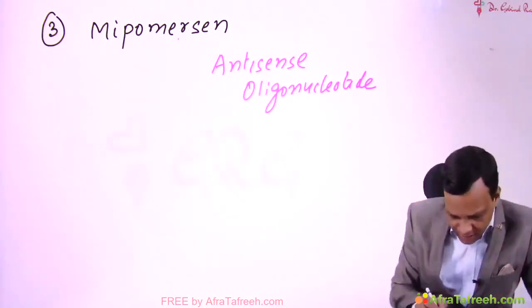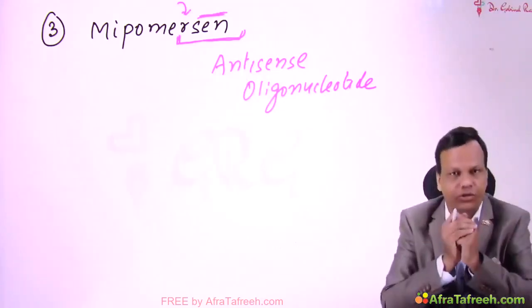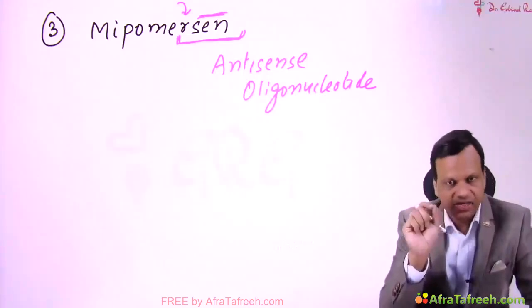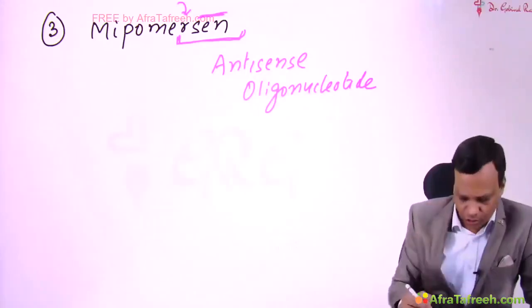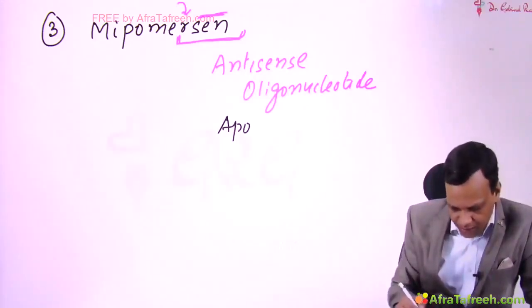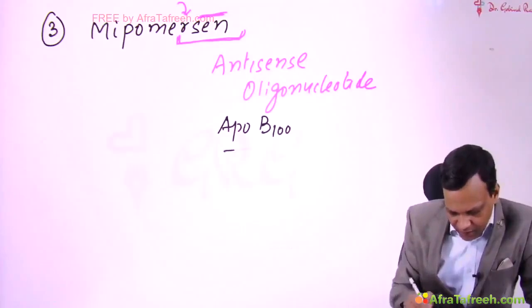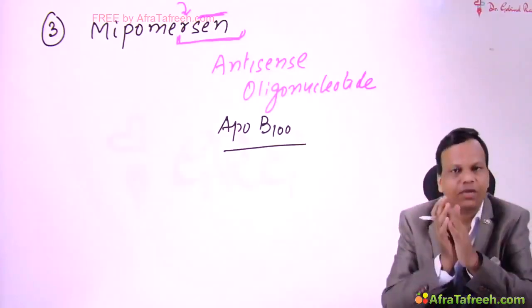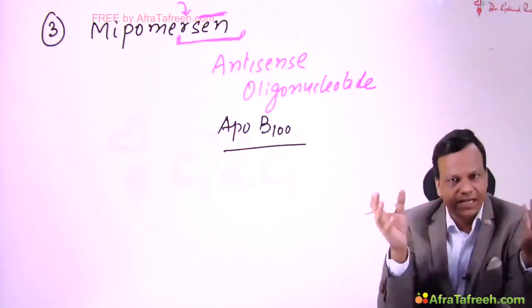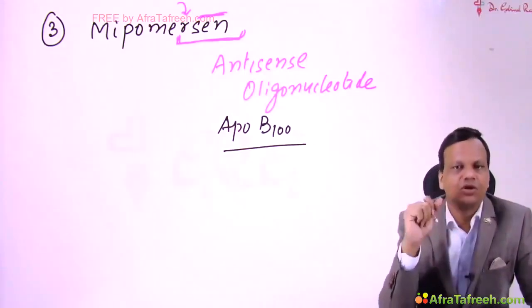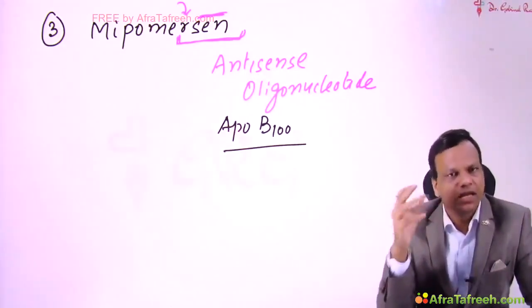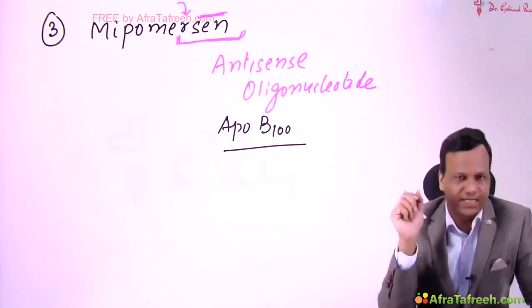Any drug ending with RSEN is an antisense oligonucleotide. So mipomersen is an antisense oligonucleotide against ApoB100. Whatever lipoproteins contain ApoB100, like VLDL and LDL, will not be formed with mipomersen. So it inhibits the formation of VLDL, LDL, etc. Clear?